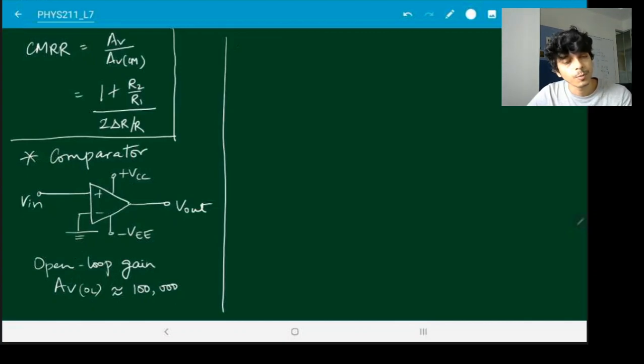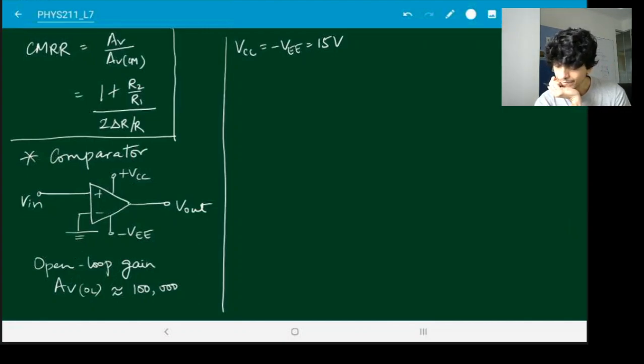The output voltage is limited by the biasing VCC, VEE you are putting. Suppose I put VCC and VEE to be 15 volts, which is a typical voltage for these kinds of circuits. It could be 10 volts, 15 volts, 30 volts, a few volts to a few tens of volts.